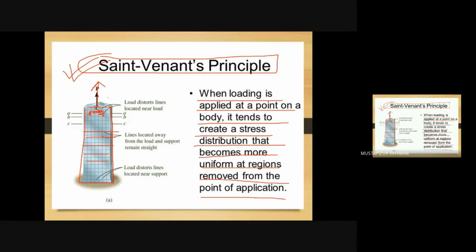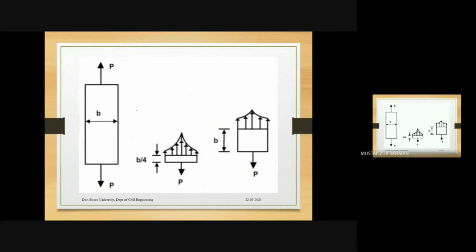At the point where the load is applied, the stress is more concentrated. Away from it, the stress is uniform. So what it means is that more stress is here and the average stress is on the sides, which is away from the point of application of the load. Once more, we have one element, the width is B, and P load is applied here.